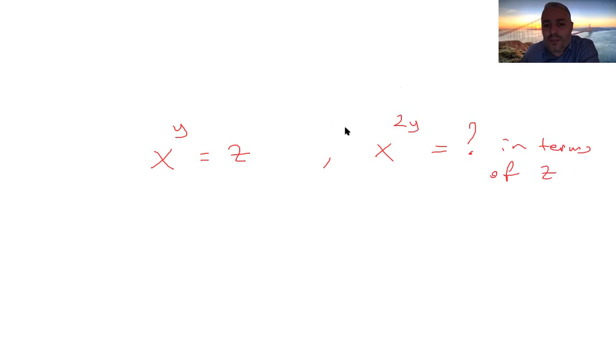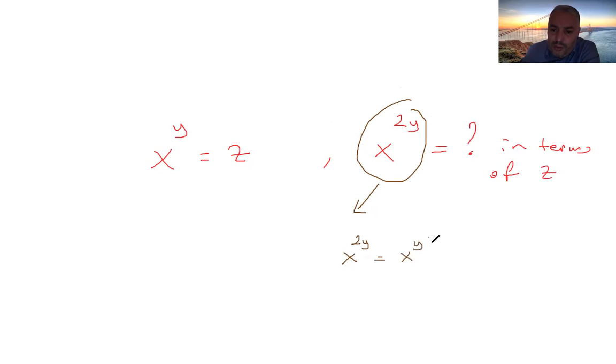Now, very, very simple. Look. x to the 2y means, be careful, isn't it x to the power of y, to the power of 2? Do you remember this property? a to the power of m times n is equal to a to the power of m, to the power of n, or a to the power of n, to the power of m. We can change.